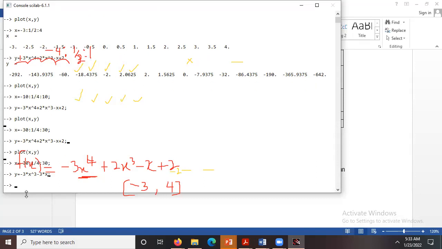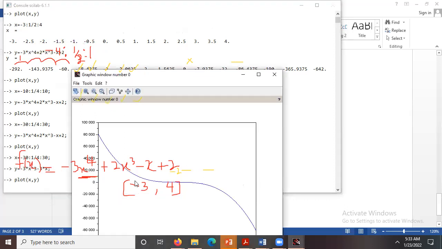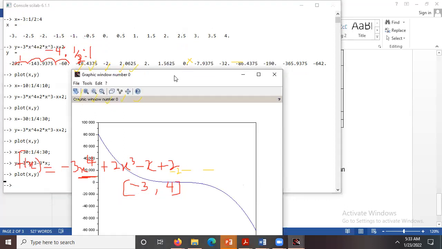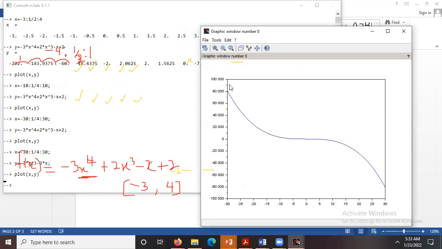Cool. Then let's plot. Before you plot, you have to close the previous graph, else it will plot on the previous graph. So when we plot, yeah, beautiful. We are seeing a very nice graph. It's giving us a different picture entirely.